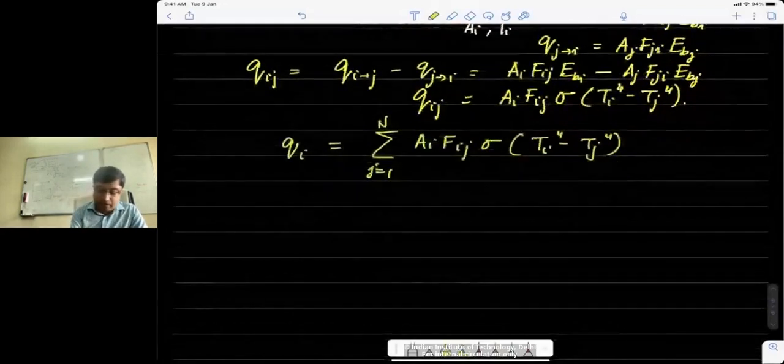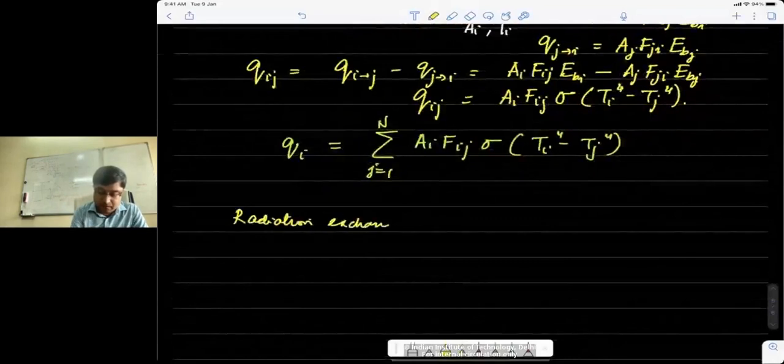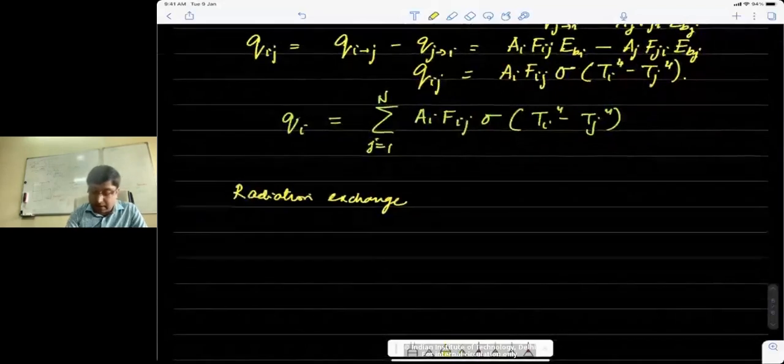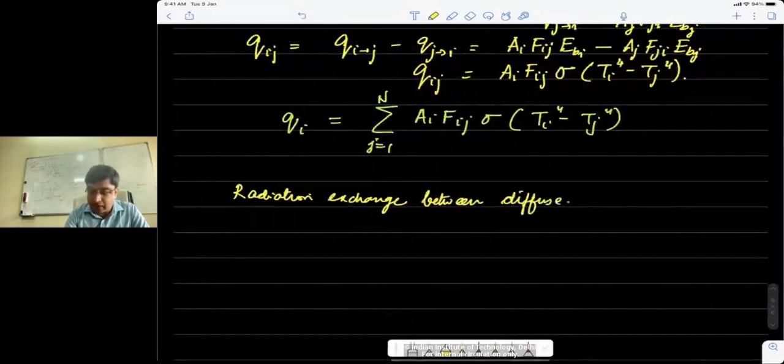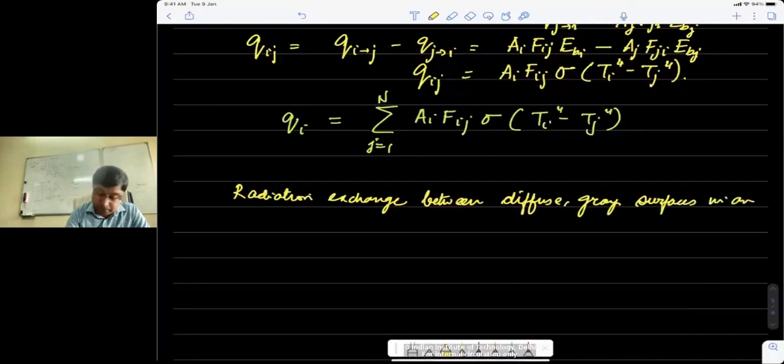So we will look at radiation exchange, this time between real surfaces, except when I say real, for these purposes we will talk about diffuse and gray surfaces, which are in an enclosure.